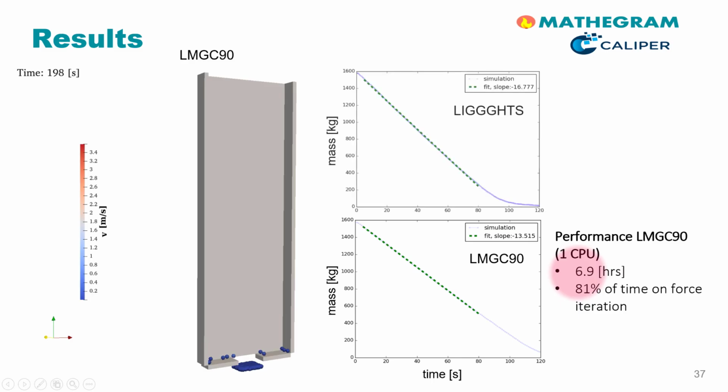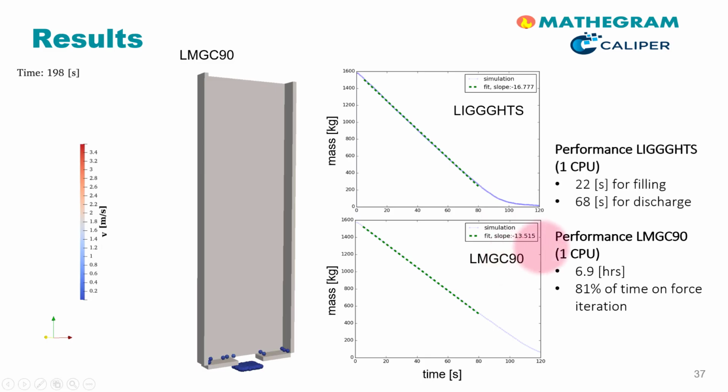We now consider the results of the LIGHTS simulations, which are shown here at the top right. Clearly, the qualitative results are the same, and the linear fit is also suitable. However, if we look at the slope, we see a somewhat faster discharge rate of minus 16.78 kilograms per second, which is a plus of 24% compared to the LMGC90 simulation.